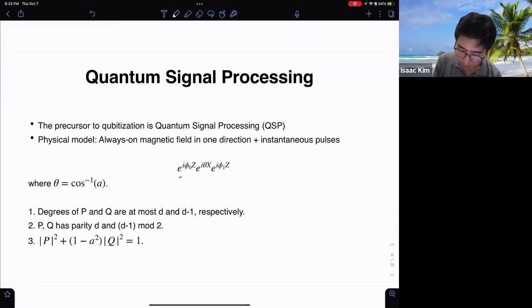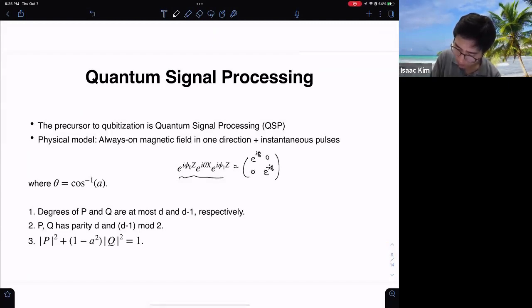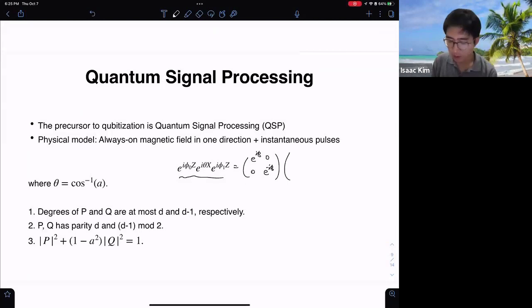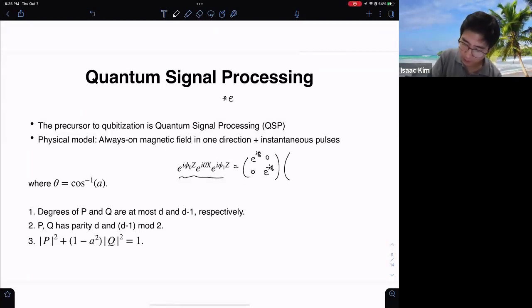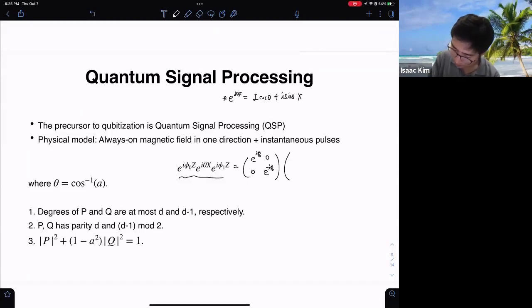Let's see what happens. We have e to the i phi 0, 0, 0, e to the minus i phi 0, and e to the i theta x, which, you can verify later, is equal to i cosine theta plus i sine theta x. So this is cosine theta, i sine theta, i sine theta.